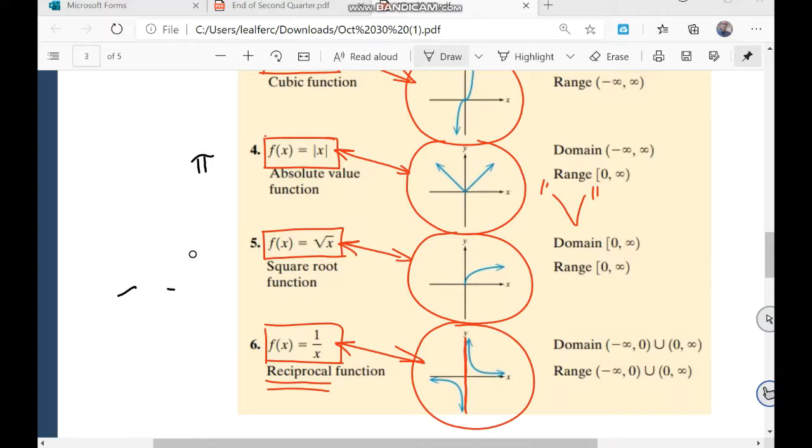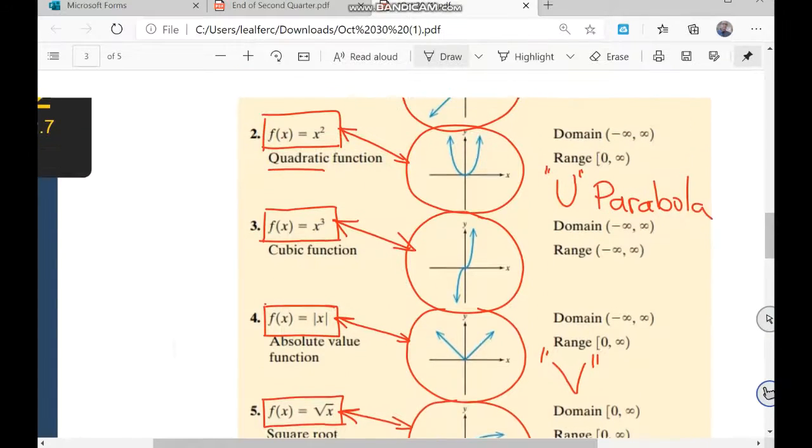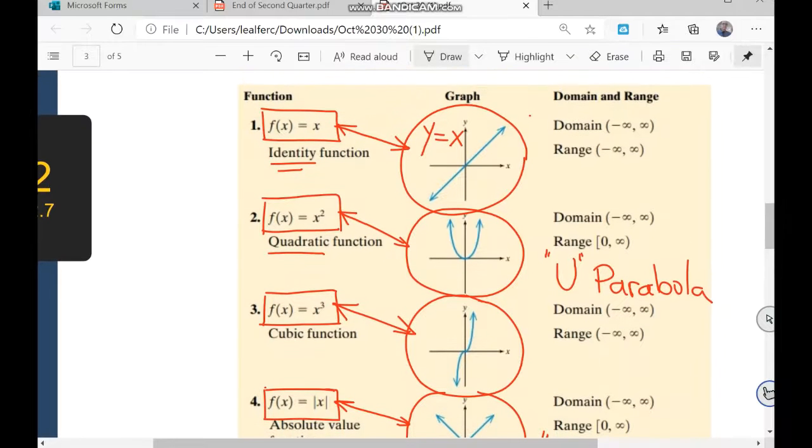Oops, let me just erase this. The basic shape of a quadratic function is this one, which has a name. Remember the name? It's the parabola. So the basic shape is the parabola.